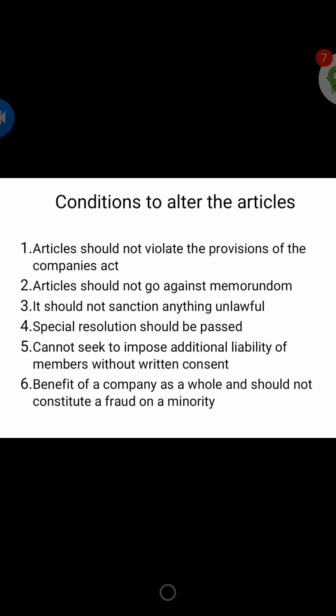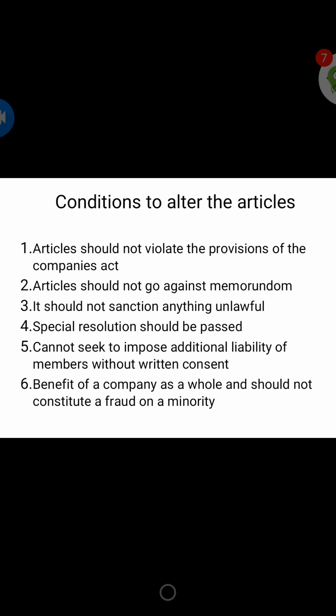memorandum, which means in the memorandum we have a certain object, and the rules and regulations or articles that we change should not affect the object. We cannot change the object; that should be constant, and only the rules and regulations you change here.